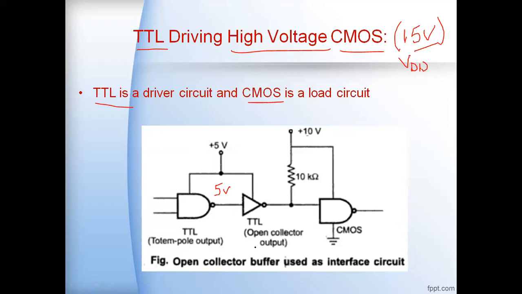To overcome these difficulties, there are two alternatives. One alternative you can see in this diagram, which is for a totem pole output. A totem pole TTL output is connected to an open collector TTL, so that here it is connected to the open collector buffer.